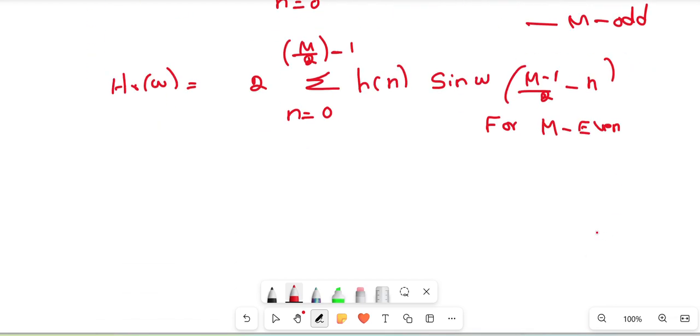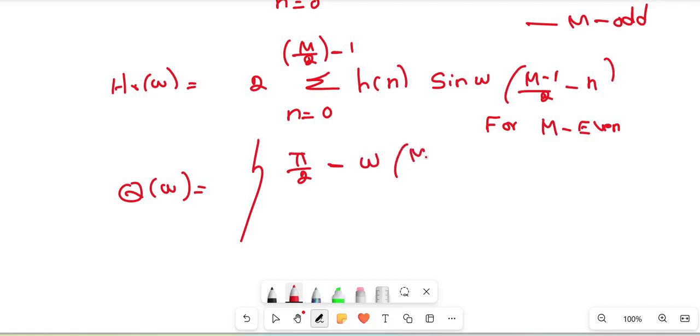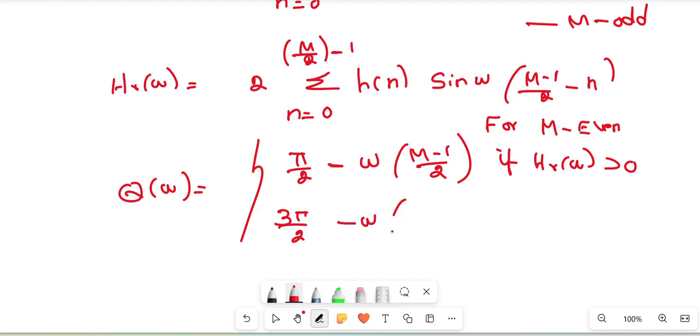The phase characteristic for both M odd and even is theta of omega equal to pi by 2 minus omega (M minus 1) by 2 if Hr of omega is greater than 0, and 3 pi by 2 minus omega (M minus 1) by 2 if Hr of omega is less than 0.